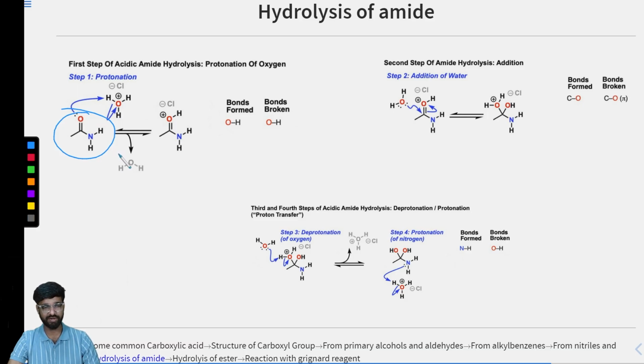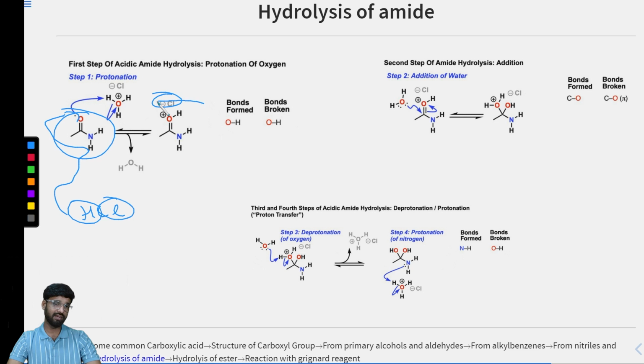We are taking the acid part. You can try it with the base also. Suppose the acid is HCl. This H plus will be transferred onto oxygen and it will create OH plus and Cl minus, the counter anion of the HCl.